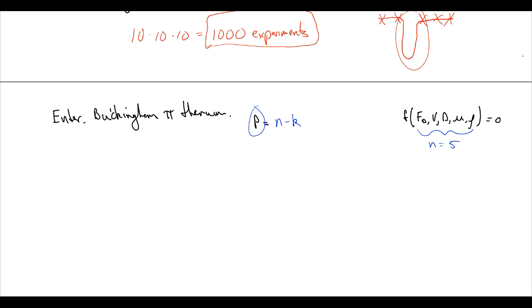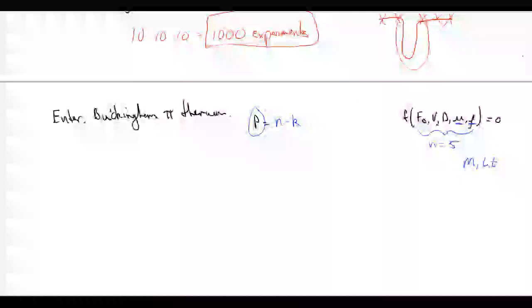If we write these out, we've done most of these already. Density has a mass, which means we have a mass in our system. We have length and time from our velocity. We have mass, length, time in our force. We have mass, length, time in our viscosity. And we only have length in our distance.